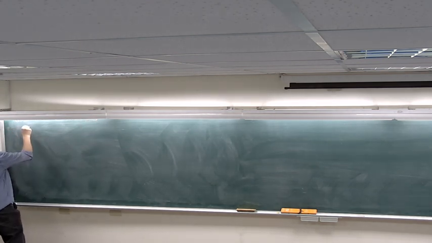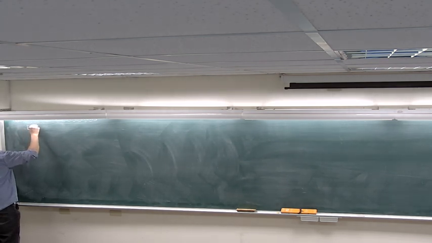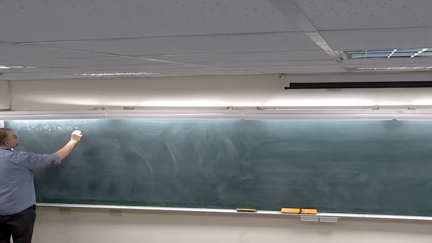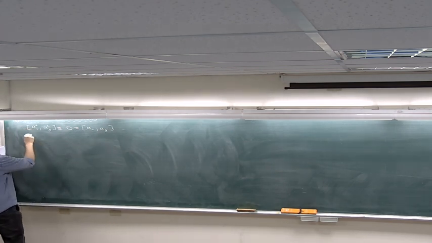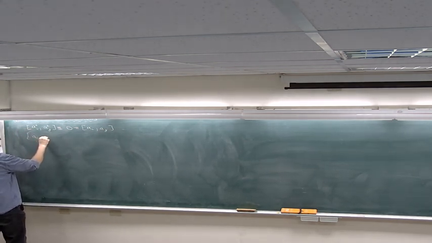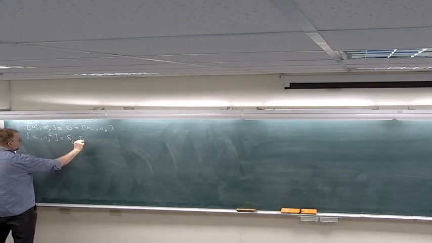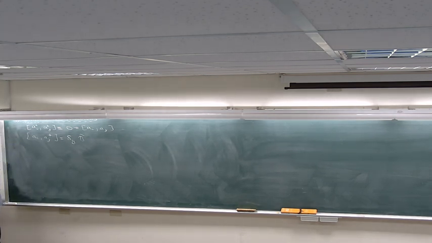What I basically want to do is prove the following things: that a dagger i, a dagger j commutator is equal to 0, which is the same as a i, a j commutator being equal to 0. And the thing that I want to prove is that a i, a dagger j commutator is delta i j times the identity operator, which we normally don't write, but I write it explicitly.